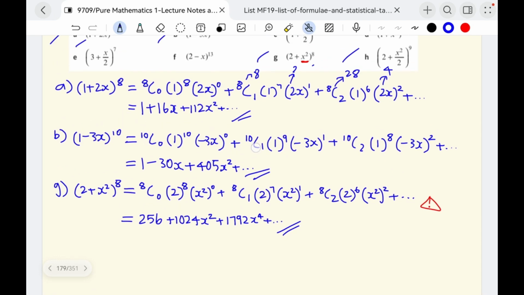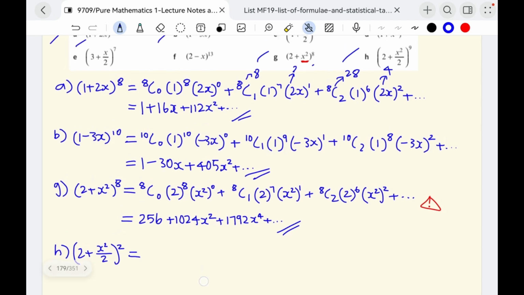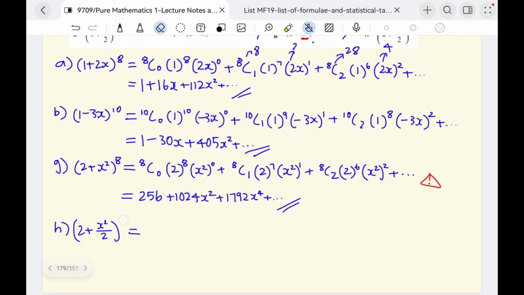So let's move on to the last part of this question. Part H, 2 plus x squared over 2. There's a coefficient of the x squared, which is half. So be careful. You must expand it without ignoring or omitting the half. So what is the first term? Oh, sorry, this is degree of 9.